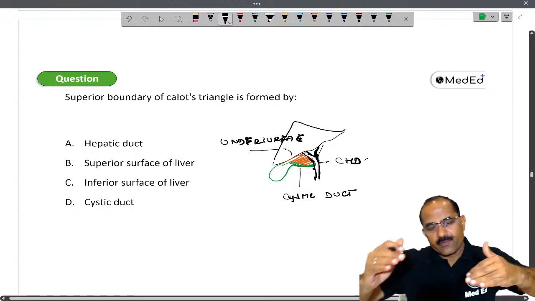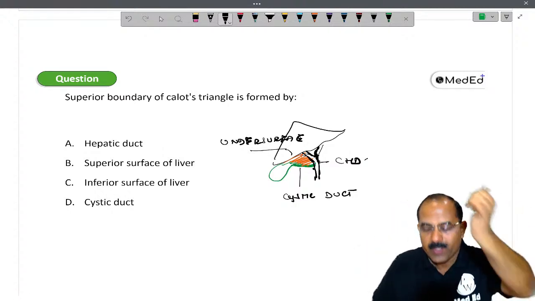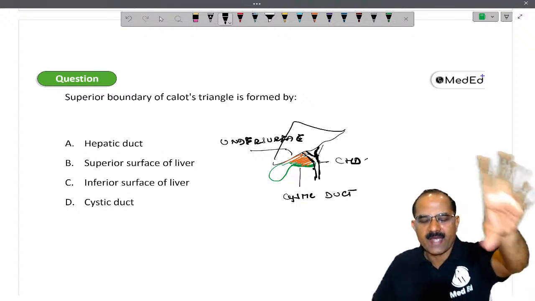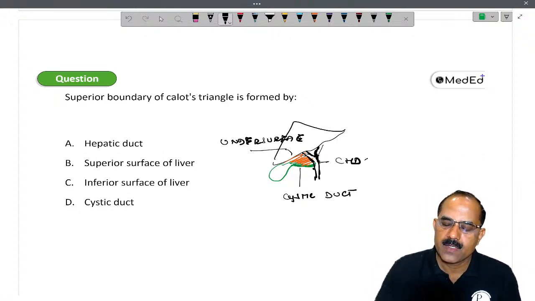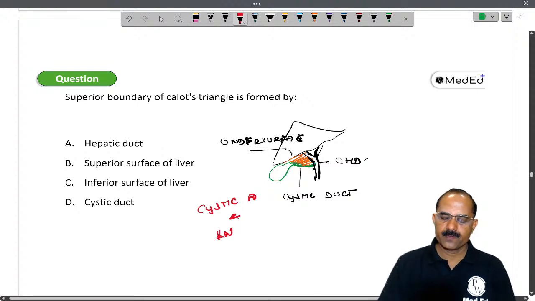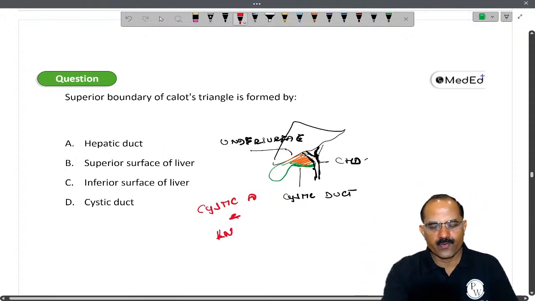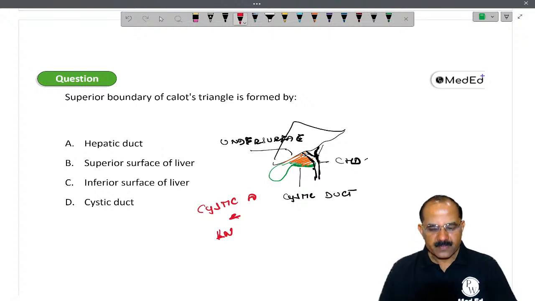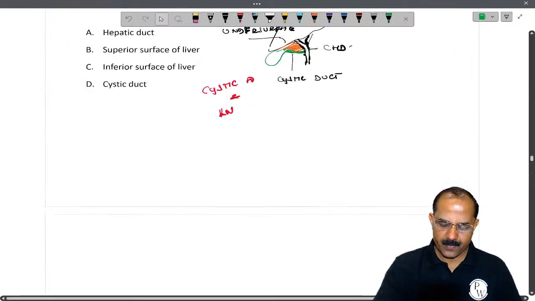Okay, so the boundaries of Calot's triangle: the cystic duct, the common hepatic duct, and the undersurface of the liver. Very good. What is the content of Calot's triangle? Content bolo, content of Calot's triangle is cystic artery, yes, and lymph node. Contents of Calot's triangle is cystic artery and there's a lymph node. ठीक है? That's a content. Okay, perfect.